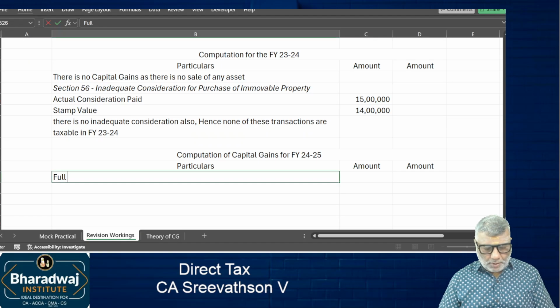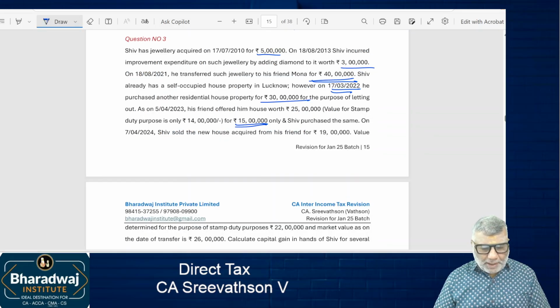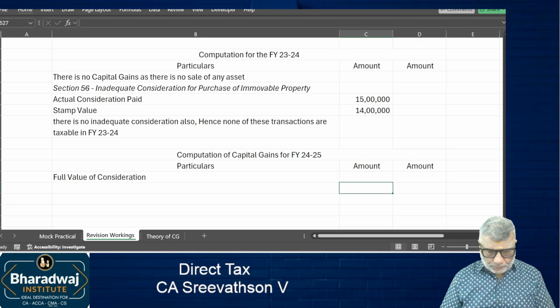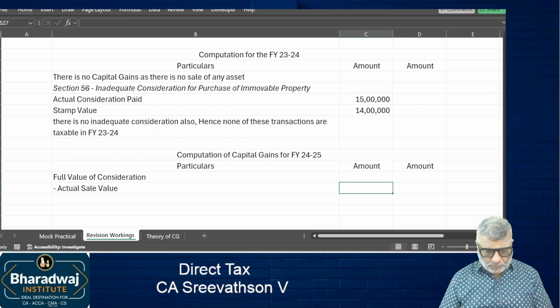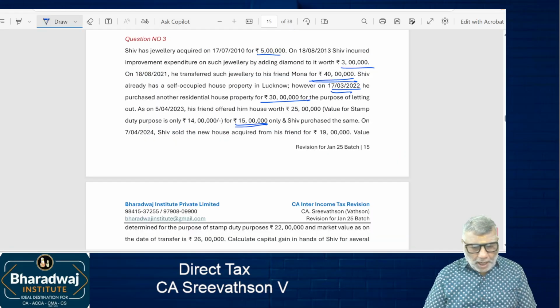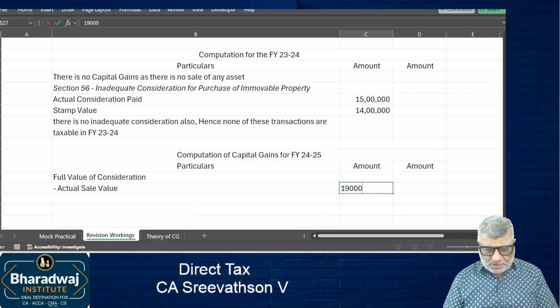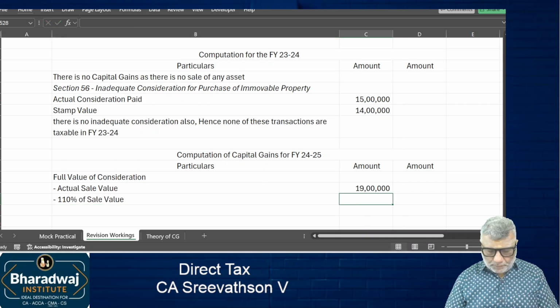Full value of consideration for the financial year 24-25. Okay. Actual sale value: Shiv sold this house to his friend for 19 lakhs. 110% of sale value.